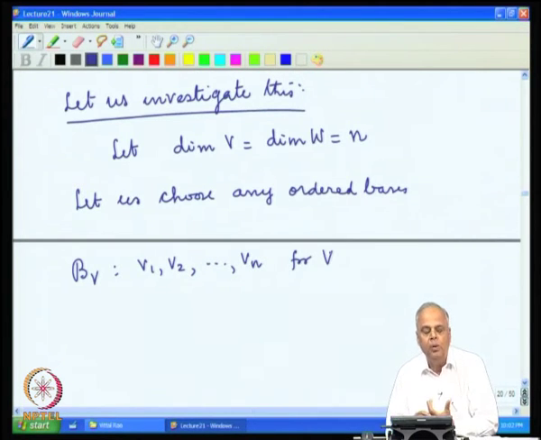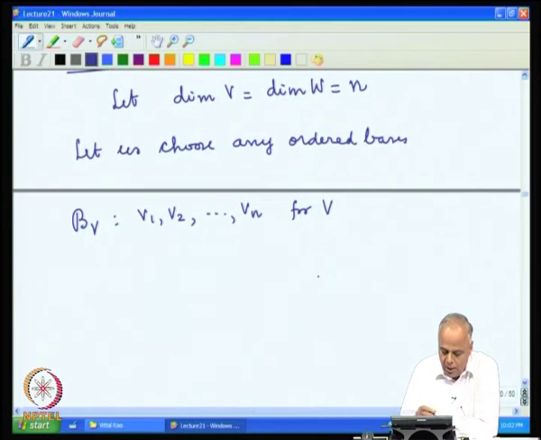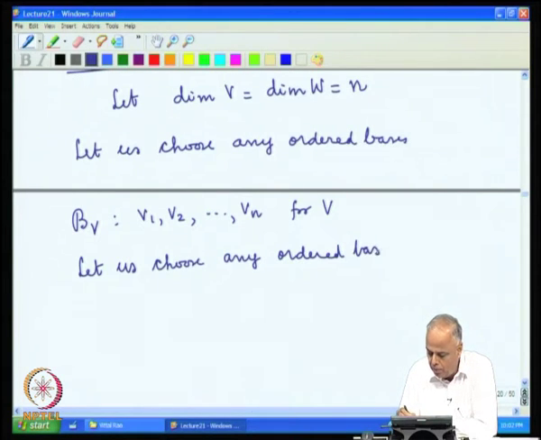This we can do because V is a finite dimensional space, its dimension is n, therefore any basis will have n linearly independent vectors. Similarly, let us choose any ordered basis for W now.